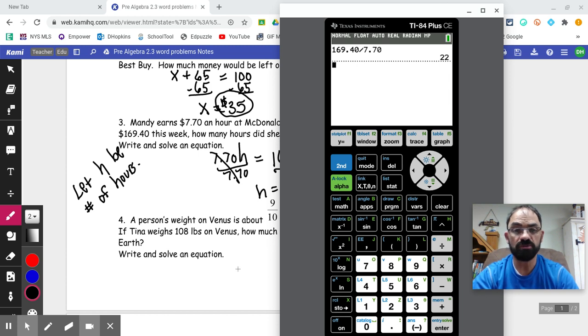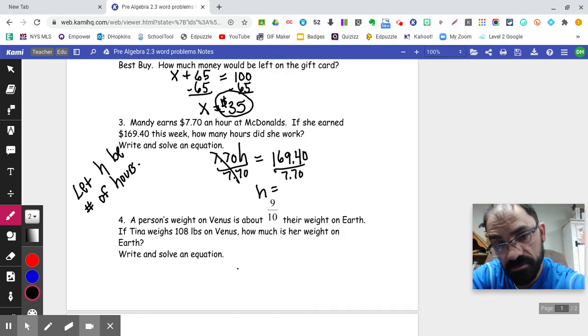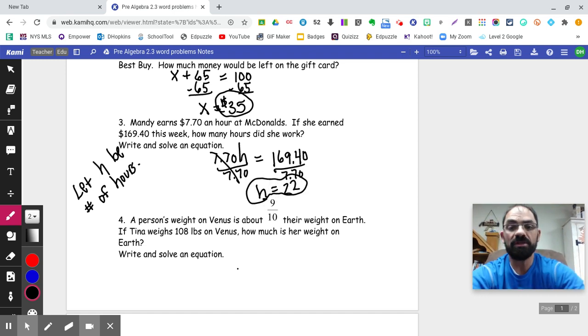She worked 22 hours. Good for her. Bringing home all that money. 22 hours.